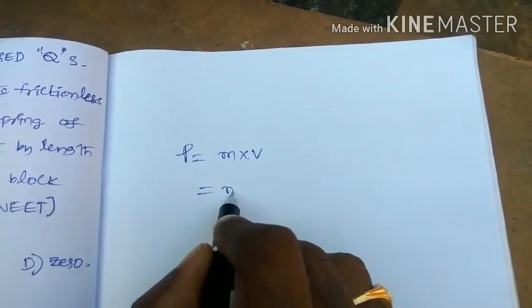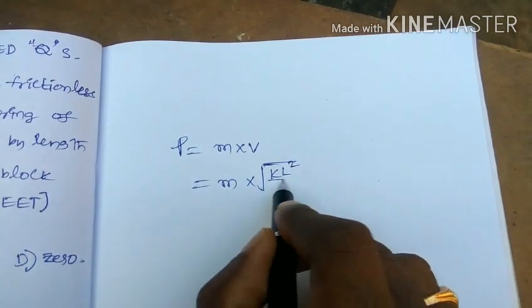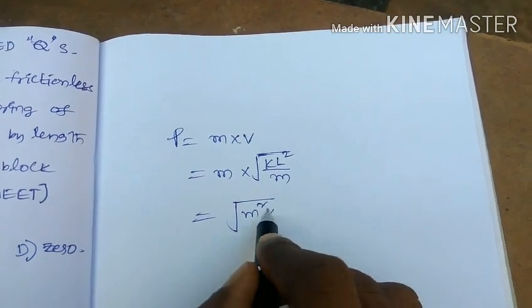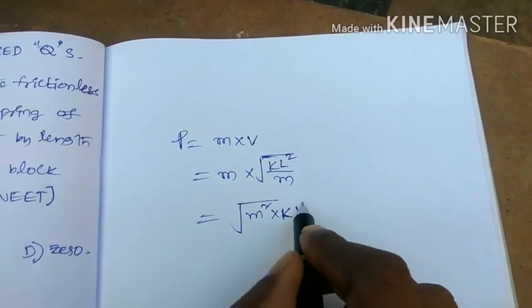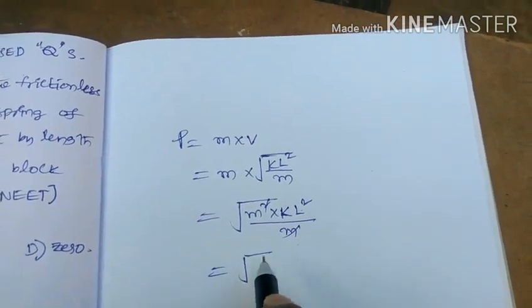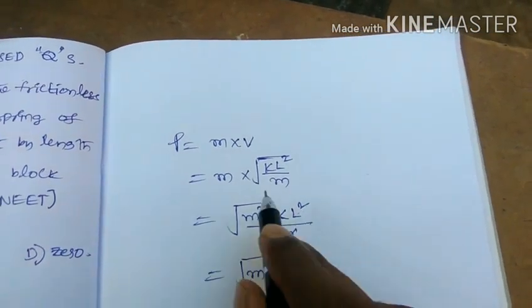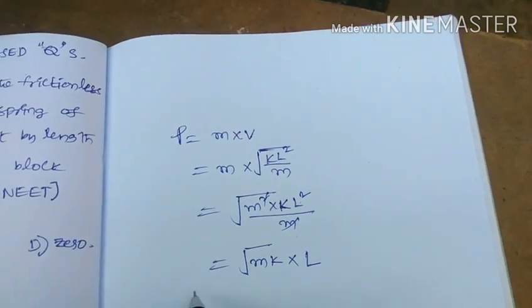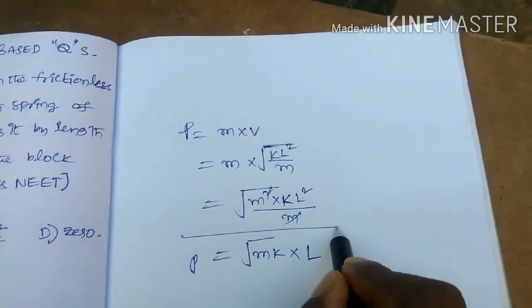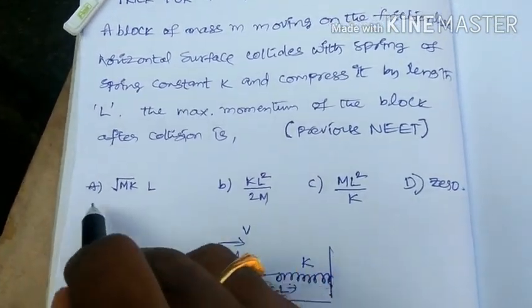It is equal to mass into under root of kL square by m, which is equal to under root of m square kL square by m. m and square will be cancelled out. Under root of mk into L square, and the square root will be cancelled out, is equal to L into L. Therefore momentum P is equal to under root of mk into L. So this is the answer, which is option A.